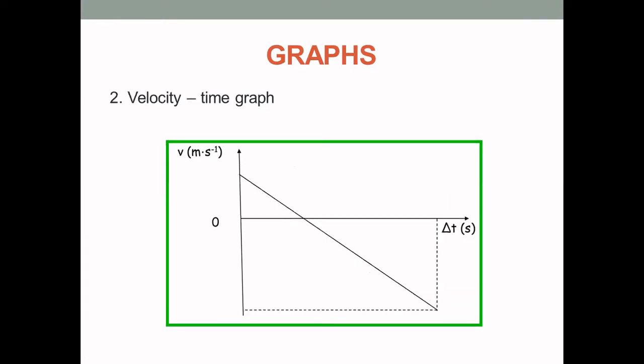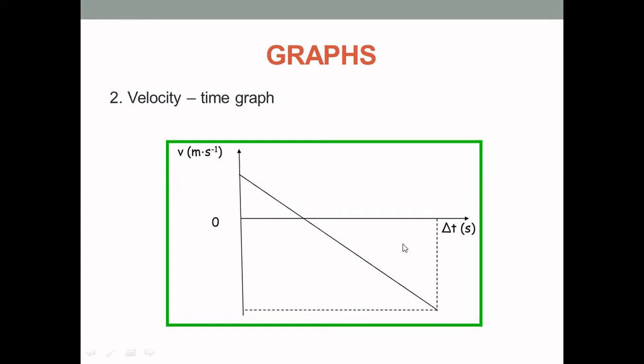The second graph is the velocity-time graph. So we have time along the x-axis and velocity in meters per second along the y-axis. Initially, the object is projected here with the initial velocity. As it goes up, the velocity of the object decreases until it is 0 at the maximum height. Then the object starts falling until it hits the ground.